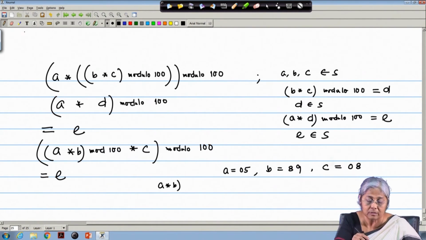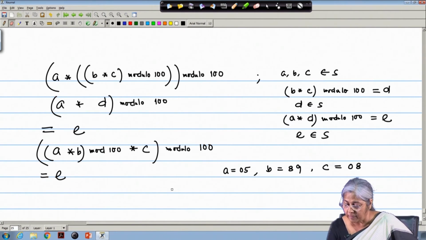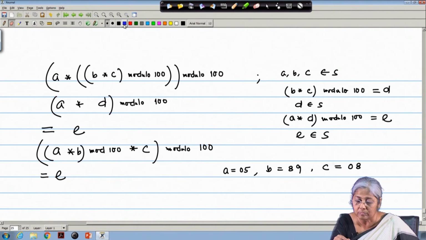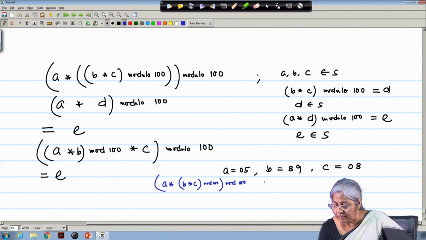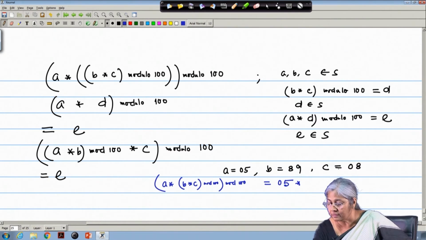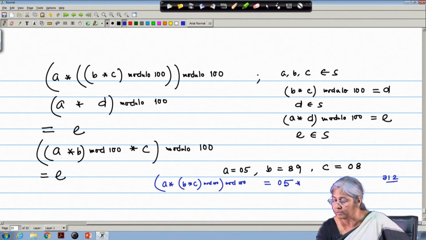So, if I take A star B star C, and this modulo 100 is there always, then I get 5 and if I multiply 8 and 89, I will get only 12 because the remainder modulo 100 will be 12.